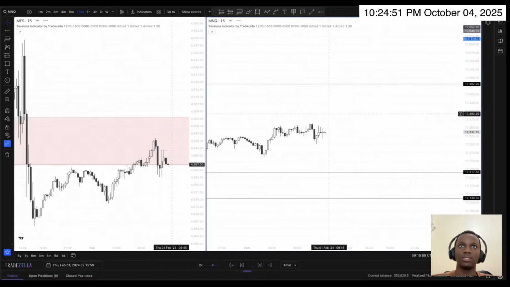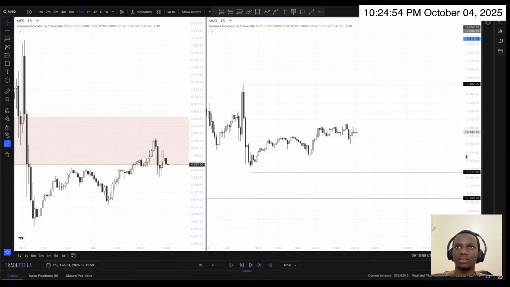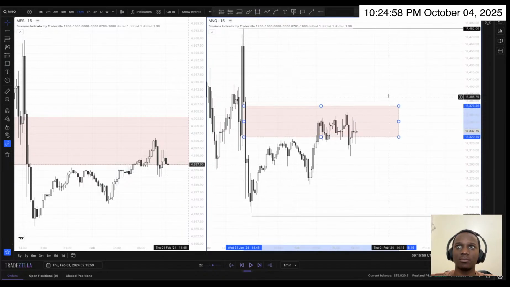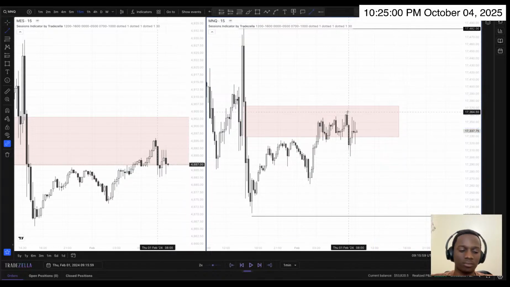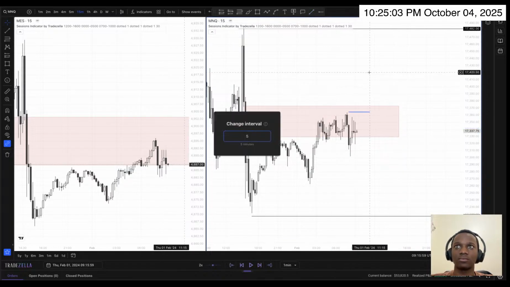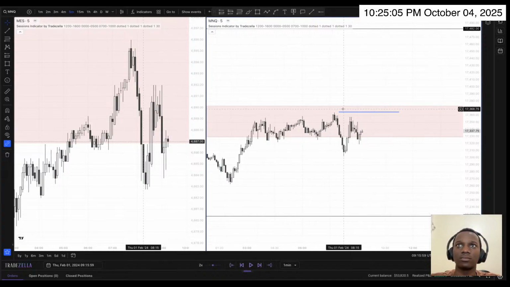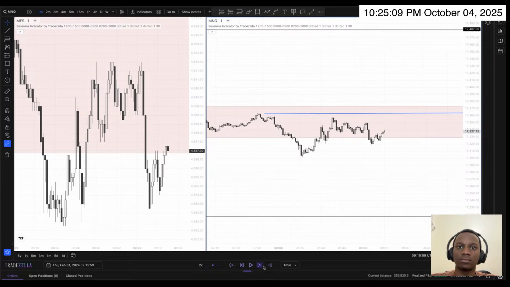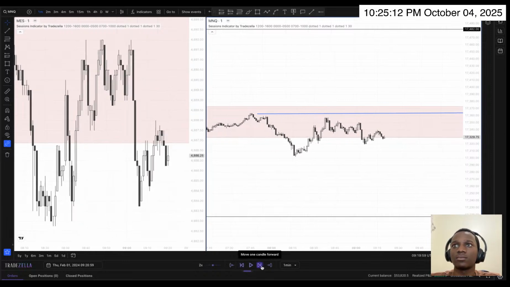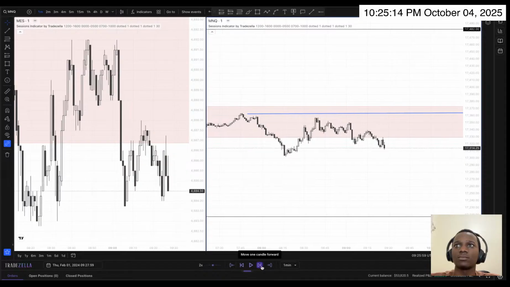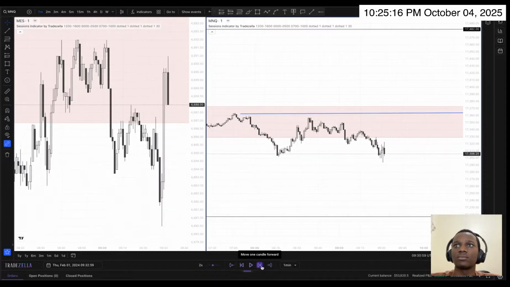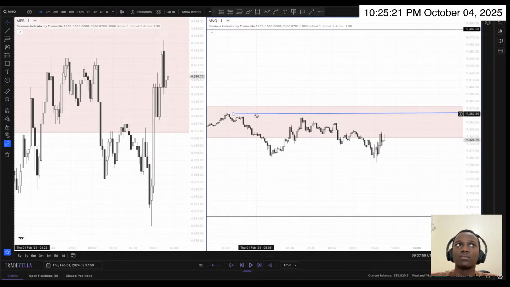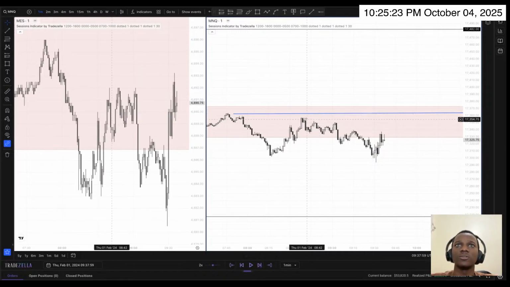Now if we go internally, on the 15 minute, we have some pre-market highs and a fair value gap. We've run these highs here.